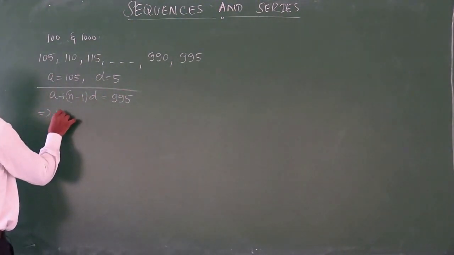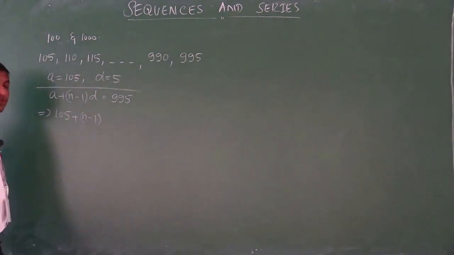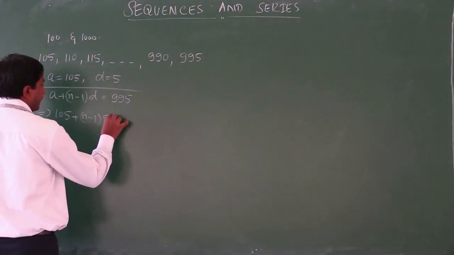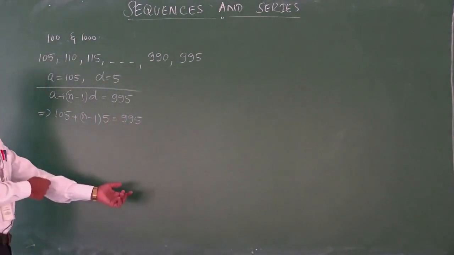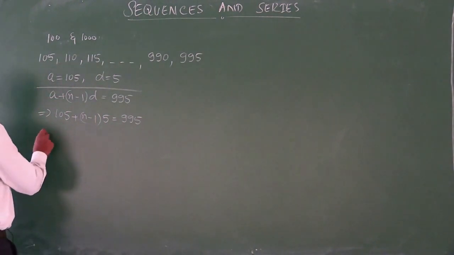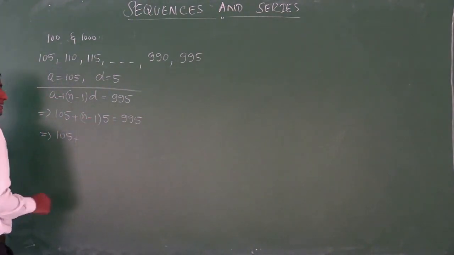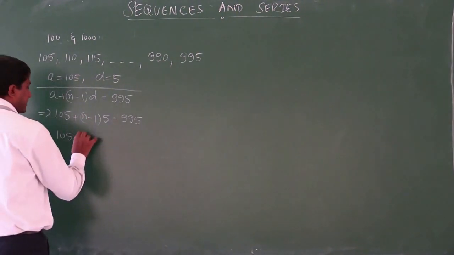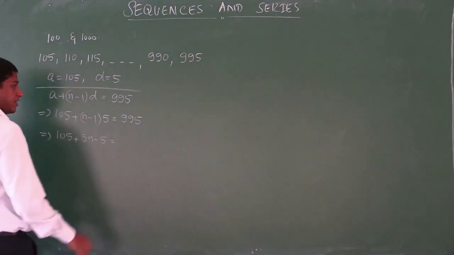The value of a is 105 plus n minus 1 into d. d is 5, equals 995. Moving on further, I can simplify this as 105 plus 5n minus 5 equals 995.